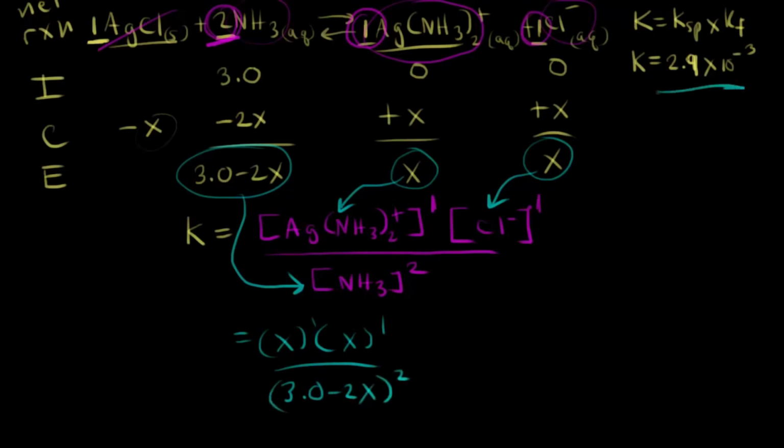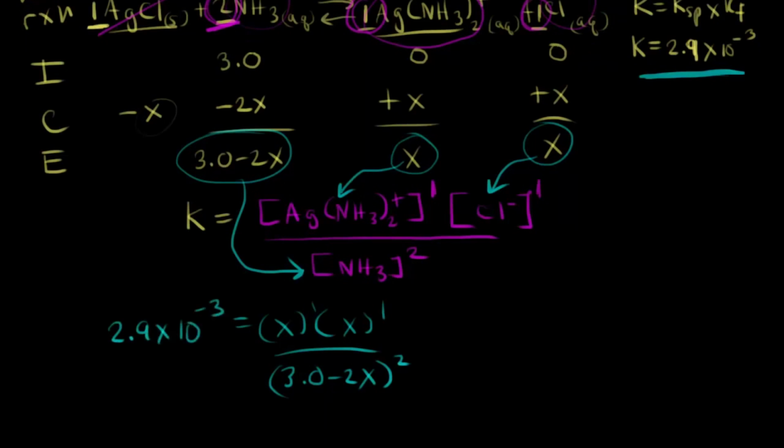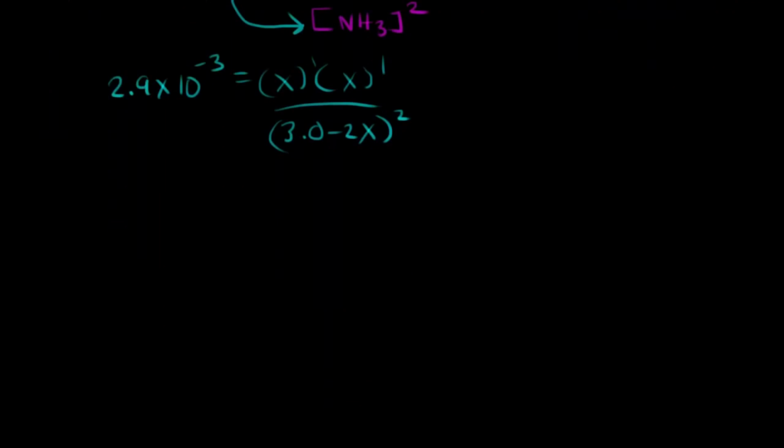And then we can plug in our equilibrium constant K, which is 2.9 times 10 to the negative third. So 2.9 times 10 to the negative 3 is equal to, on the right side, x squared over 3 minus 2x squared.